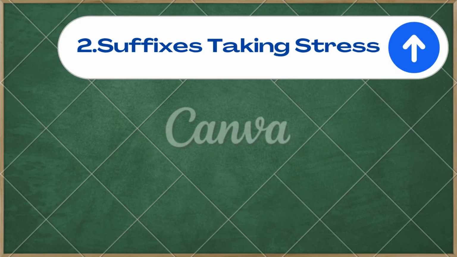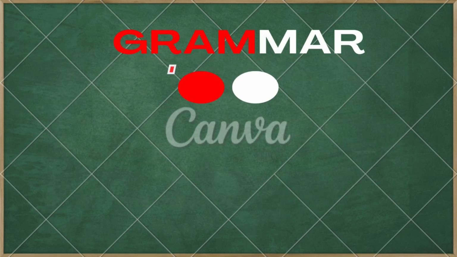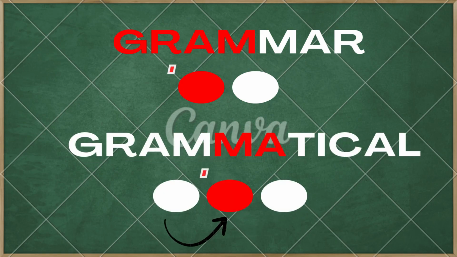So we have to talk about the second type of suffix. Pay attention to suffixes like ic, ical, ious, and ity. These suffixes tend to attract the stress onto themselves, sometimes causing the stress to shift from its original position in the base word. For example, grammatical.